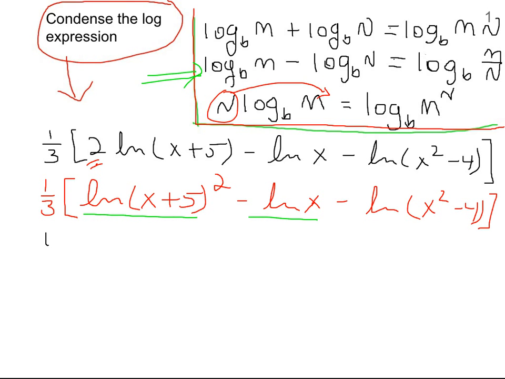I'm going to have my 1/3 in the front. I'm just dragging that along in front of the brackets. And again, logarithm minus logarithm can go together. That'll be the natural log of a fraction. The top of the fraction comes from the first logarithm. It'll be x plus 5 squared.